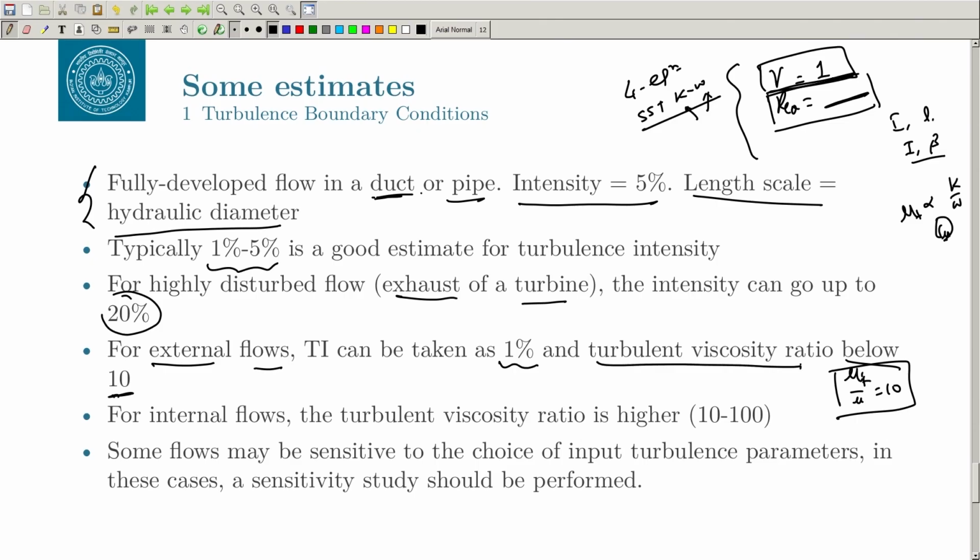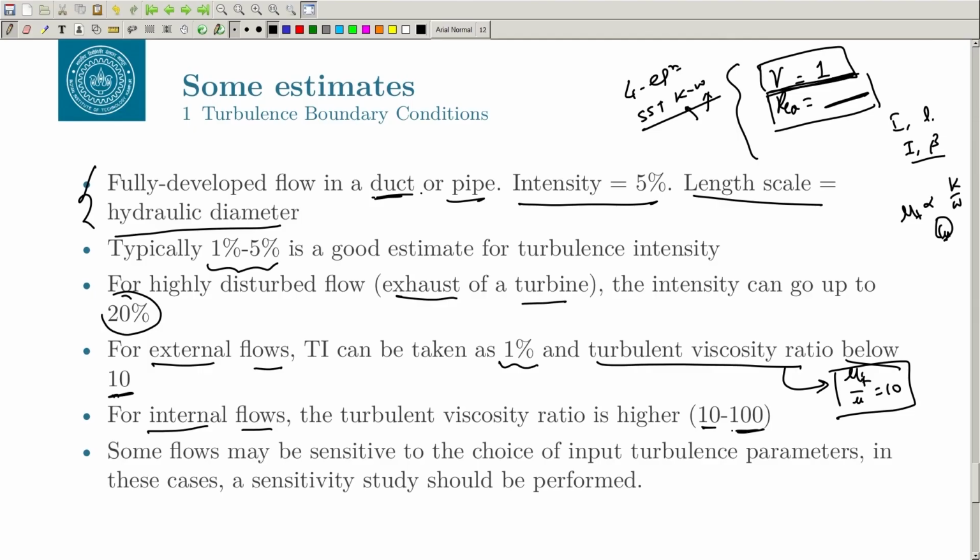So you have to keep this parameter in your code to calculate the value. These are some of the estimates that I am telling you. For internal flow, the viscosity ratio is higher and you can use a value, let us say, between 10 to 100. For external flow, it is below 10.